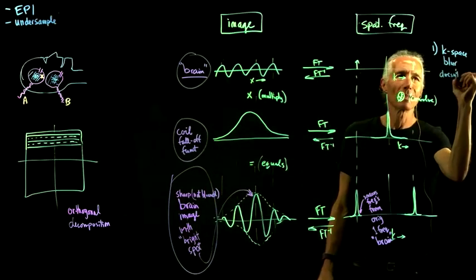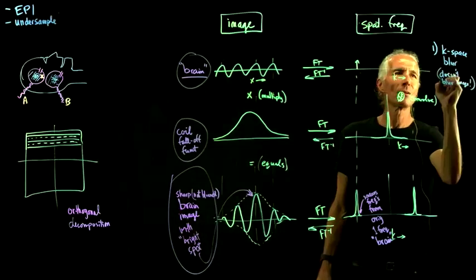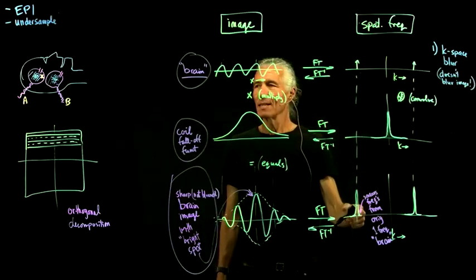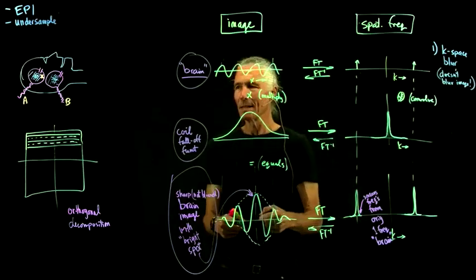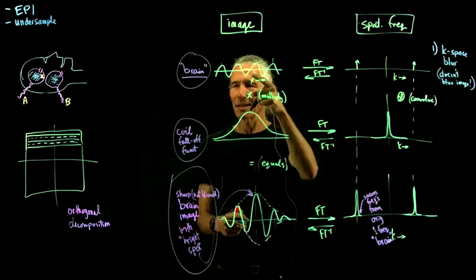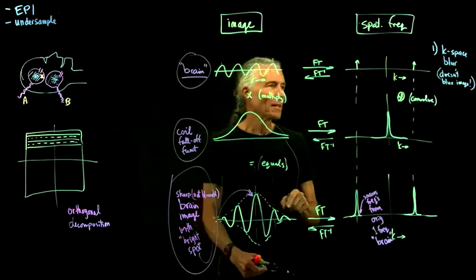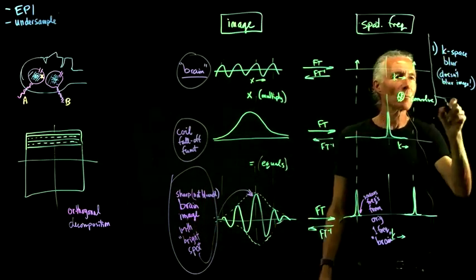It just makes a bright spot. It just smears the spatial frequencies into nearby things. When we inverse Fourier transform this, we get something that's sharp, just as sharp as the original cosine. You can see all the bumps in it, but it's got a bright spot. So that's the first thing.